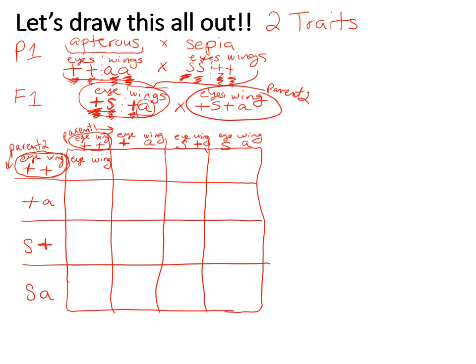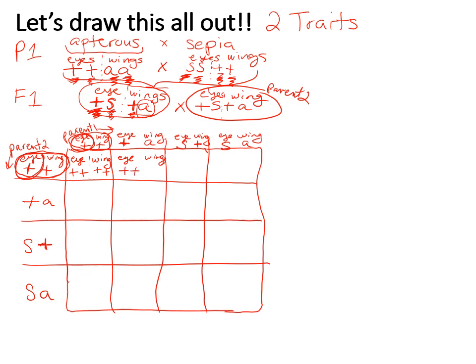And the way you figure out what's what is you combine the eye alleles first and then the wing alleles. So eyes have a plus and a plus, so that's plus plus. What do the wings have? Plus plus. And you do that for each one. You do eyes and then wings. So you keep them separate.